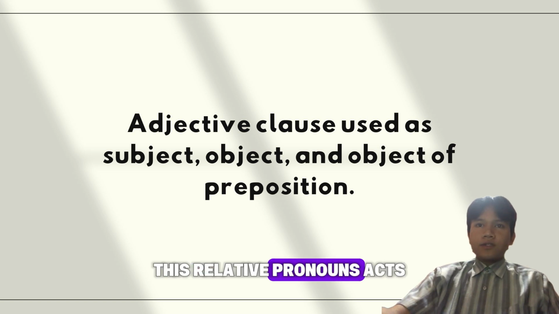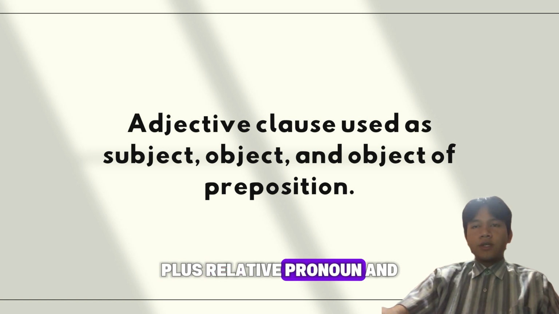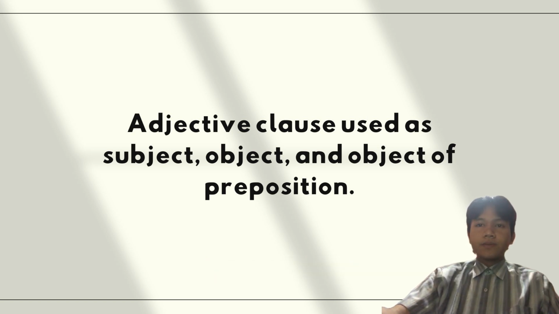These relative pronouns act as the subject of the clause, followed by a verb. For example, the man who lives next door is a doctor. The pattern here is the plus noun plus relative pronoun plus verb.